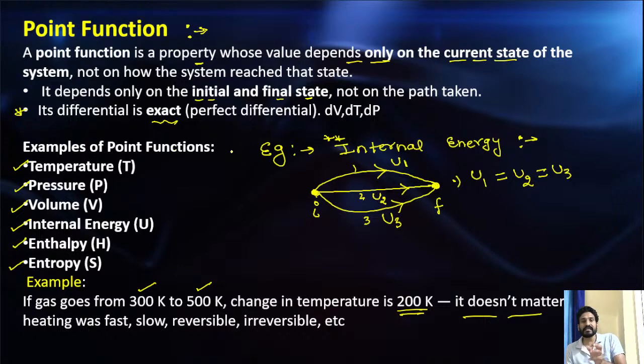It means you can directly calculate the change, like you can calculate dV, dT, dP. So through the perfect differential, you can calculate the change in the property. Is it clear to you? That's why I can write dV, dT, dP. So this is also a very important point for us.